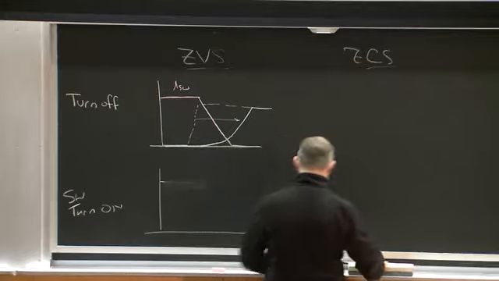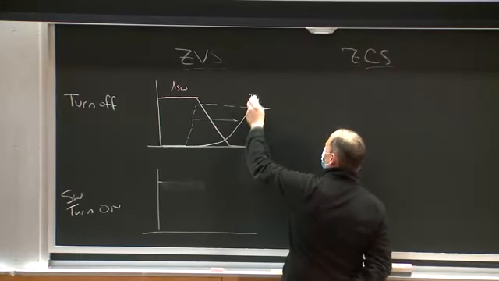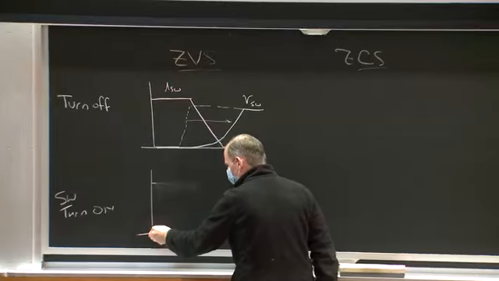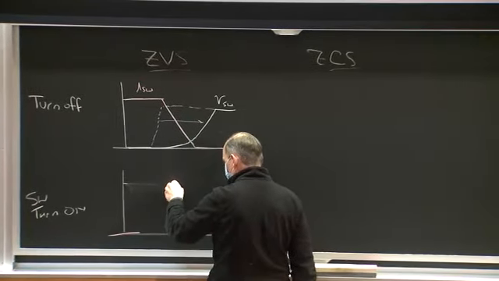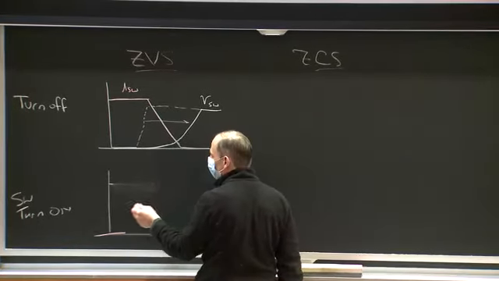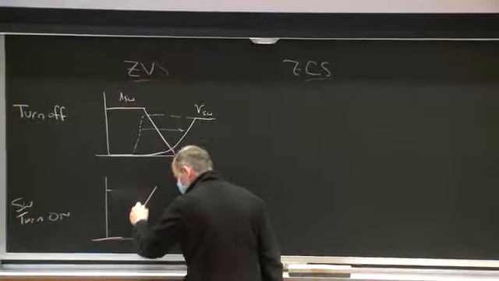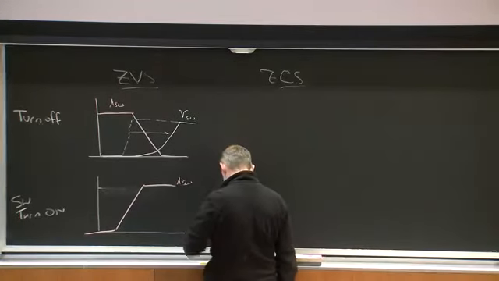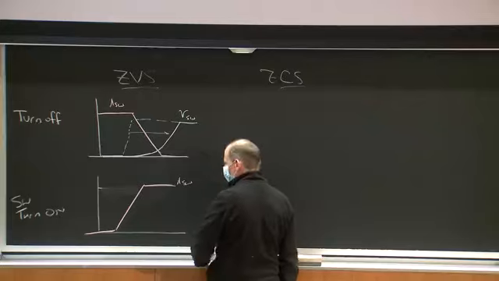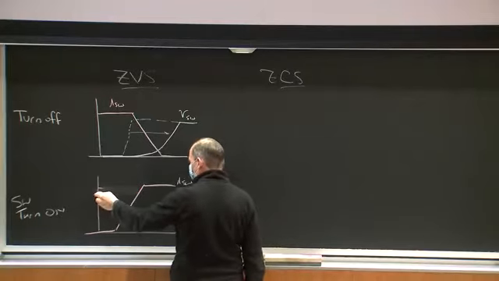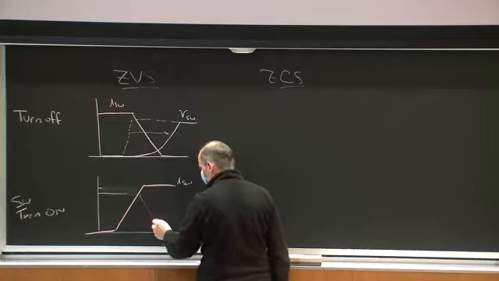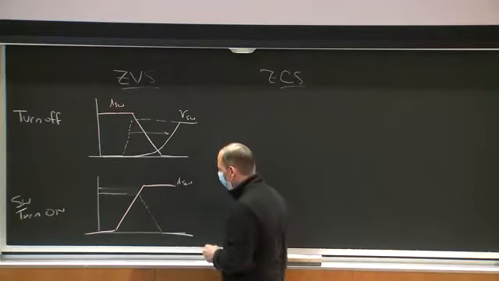So if pink is the switch voltage and green is the switch current, what I get at switch turn on is usually the current in the switch rising. Here's I switch. If I'm doing a hard switch transition, the switch current comes up, and then the switch voltage falls sometime after that.